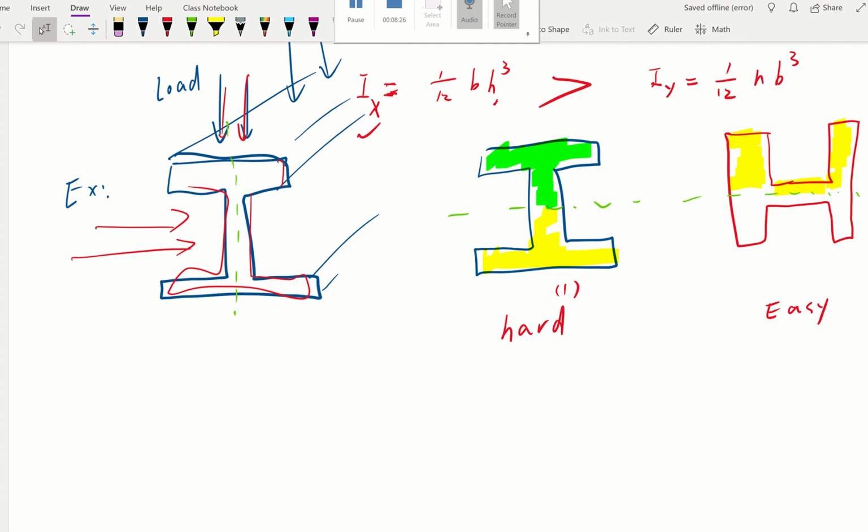I'm going to talk about one more concept, the basic formula to figure out the I. We can use this example.